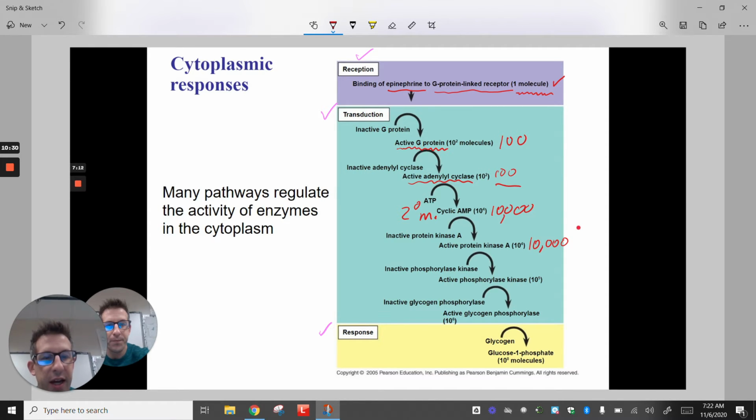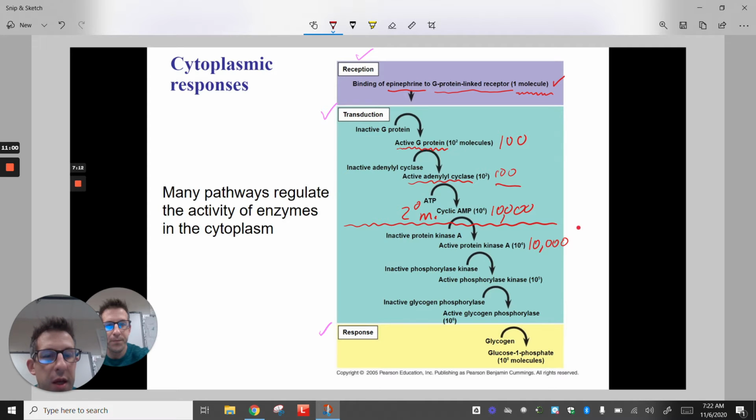of protein kinase A. So again, we have a one-for-one activation. 10,000 molecules of cyclic AMP is going to activate 10,000 molecules of protein kinase A. So at this point right here, we will activate the signal transduction pathway, the cascade of sequential activations that we talked about in the previous video.